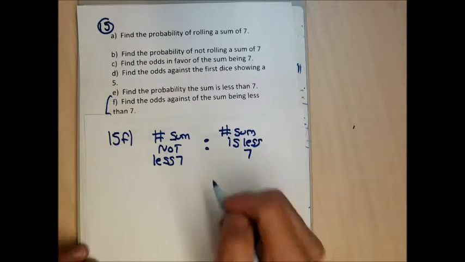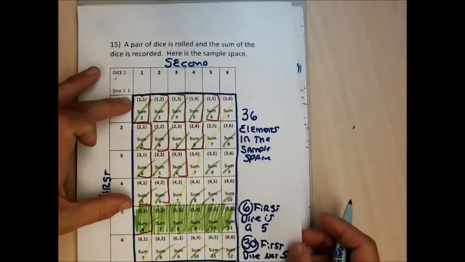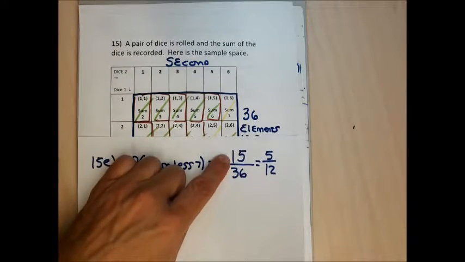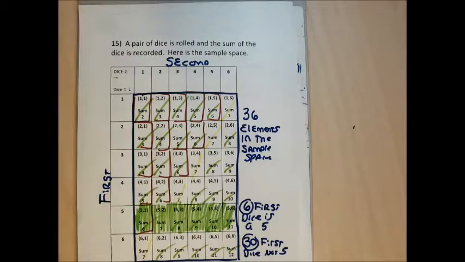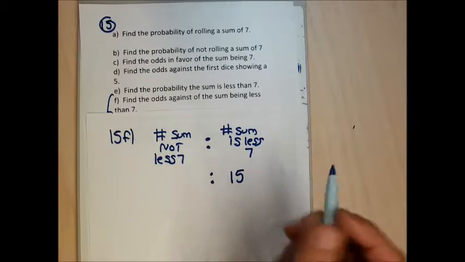And this is going to be kind of easy because I know the second number that I need. The number that goes second is the 15 where the sum is less than 7. So the second number in my odds is going to be the 15 that I have boxed there where the sum is less than 7.